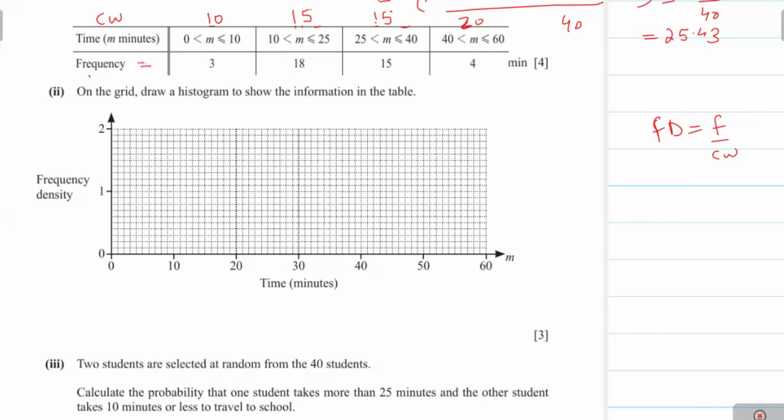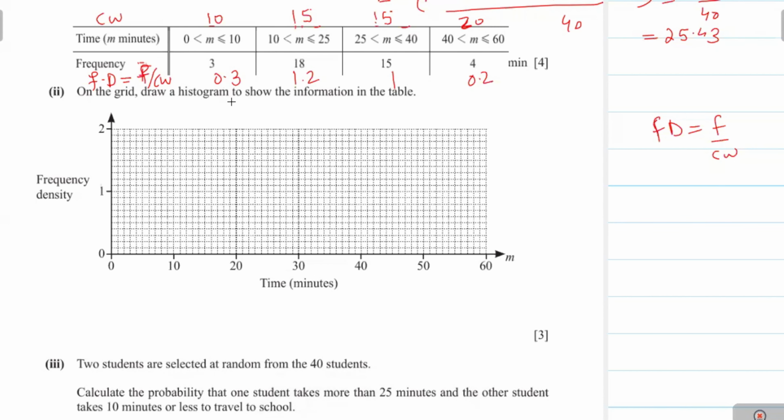To calculate the frequency density, we divide the class frequency by class width. Therefore, 3 divided by 10 is equal to 0.3, and 18 divided by 15 is equal to 1.2, and 15 divided by 15 is equal to 1. 4 divided by 20 will be equal to 0.2.